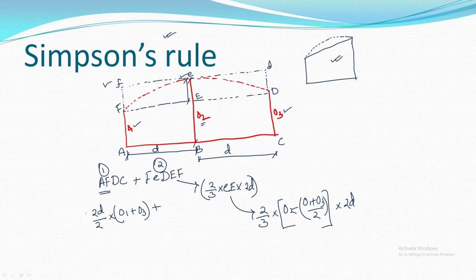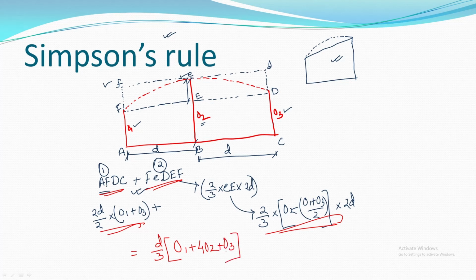Now if you make the summation of these two portions, this AFDC and this segment FEDEF, solving the summation of these two values, you will finally get D by 3 into O1 plus 4 O2 plus O3.